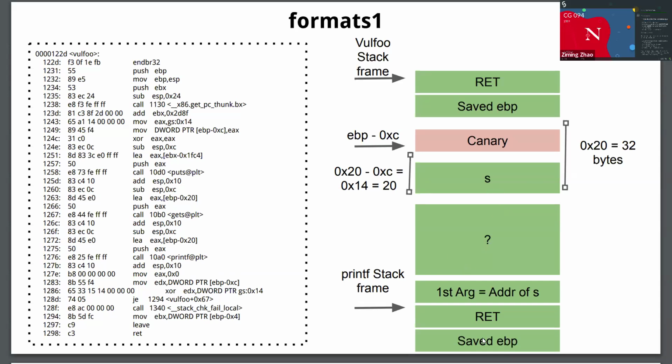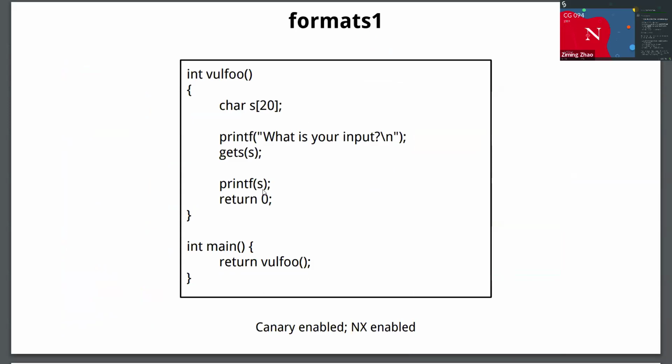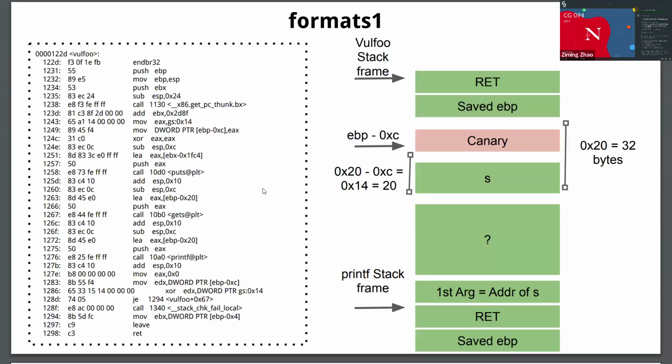We know that at some place, because printf has only one parameter, which is printf(s), the address of that string, s, is pushed onto the stack. But we don't know the offset from here to here, because there could also be something in between. In vul_foo, we didn't really check that part. Then lower than that, we have the return address. So this is the printf stack. Then the saved EBP.